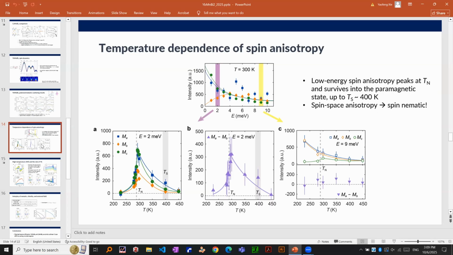Yeah, so my point is you need the spin nematic state. Yes, yes. Otherwise, you cannot form this three-spin scalar spin chirality. If the field is small enough, you're not going to cant the manganese moment. I mean, the ytterbium is actually a separate paramagnet, so the ytterbium moment can be polarized at any temperature, any field.